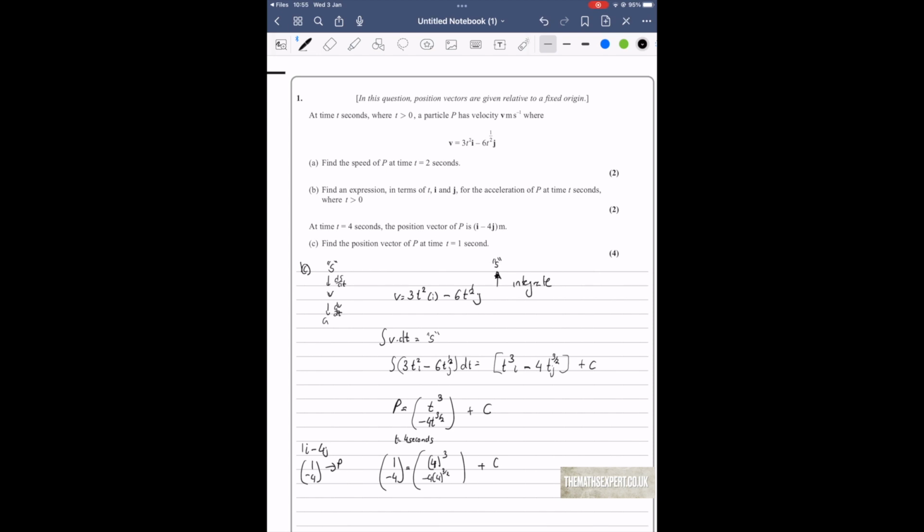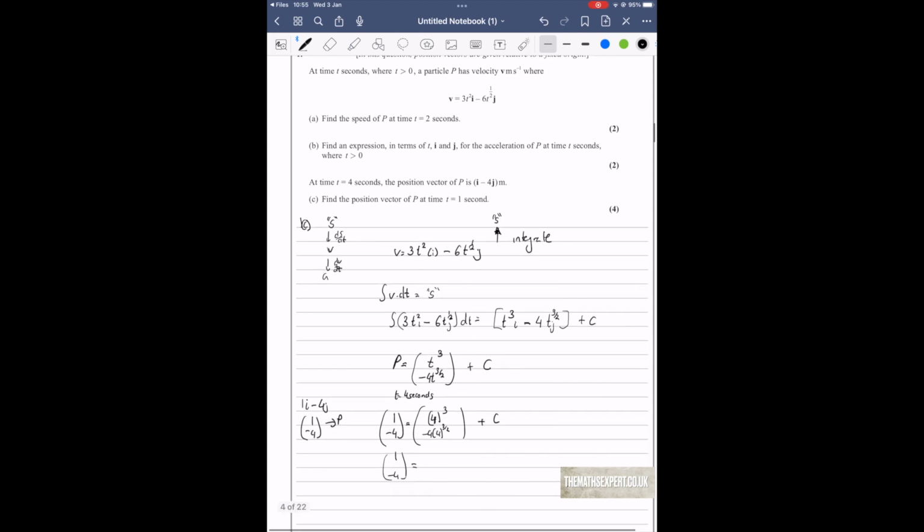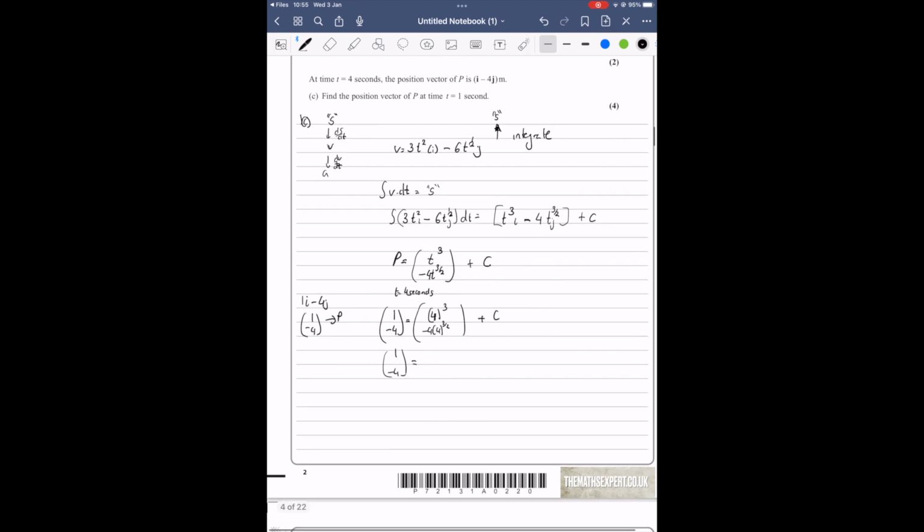Then that's going to become 1, minus 4, equals, I'm going to scroll up a little bit, guys, so we can have more to write. My 4 is going to equal 4 cubed, which we know is 64. 4 to the 3 over 2: I'm going to square root the 4 first, which gives 2, then times 8, that's minus 32. And that's plus c, right? But I want to find out c, so I'm going to move everything to the other side.